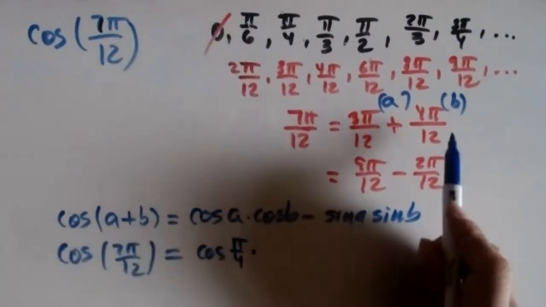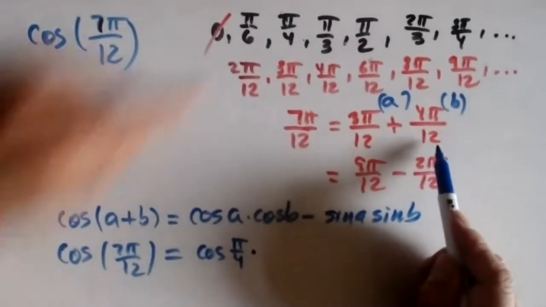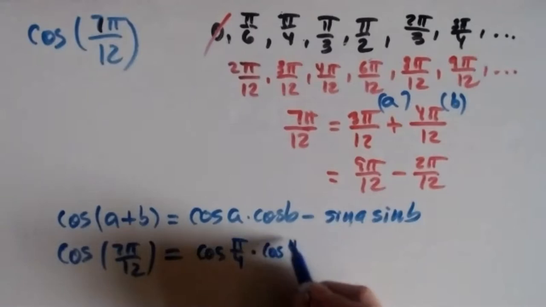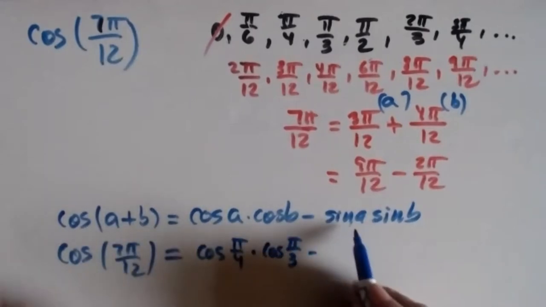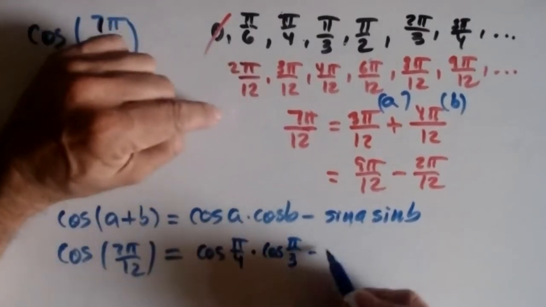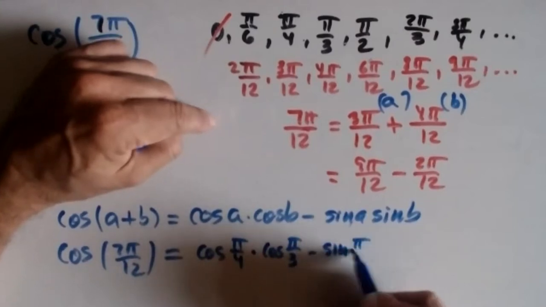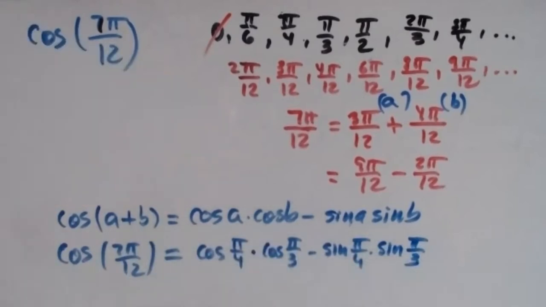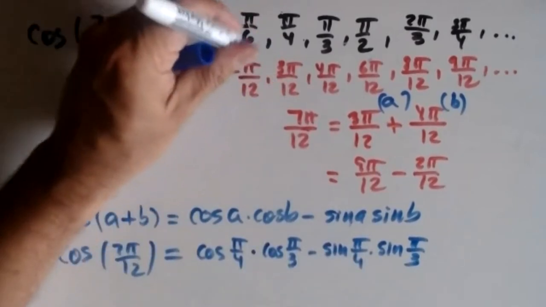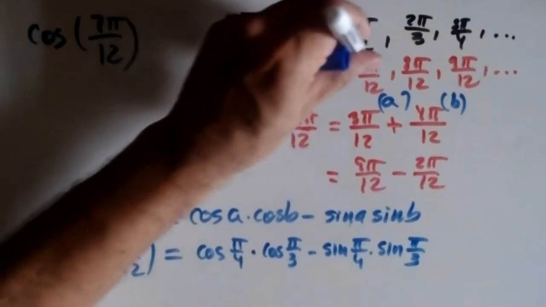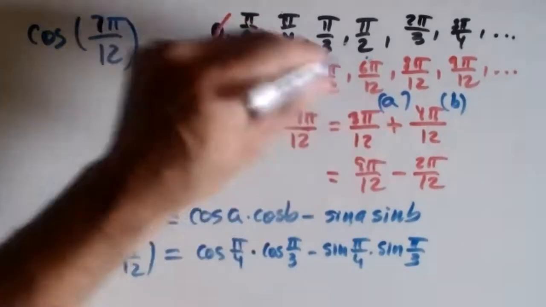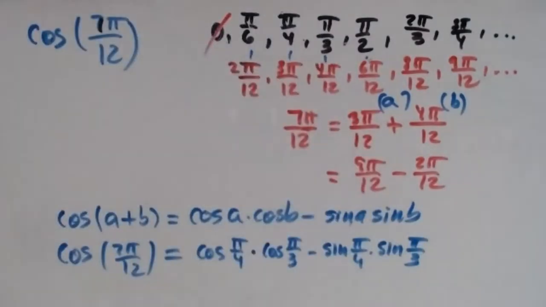Times cosine of 4 pi over 12, and 4 pi over 12 is pi over 3. So cosine pi over 3 minus sine of pi over 4 times sine pi over 3. Remember what I did? These are matched, correct? So 3 pi over 12 is pi over 4. And 4 pi over 12 is pi over 3, correct?